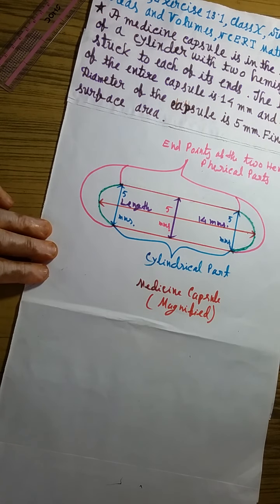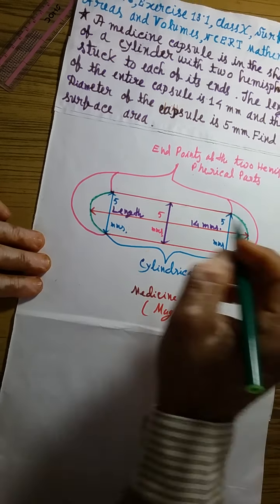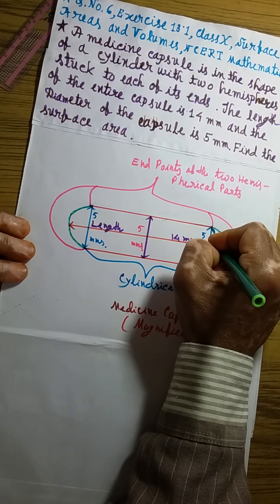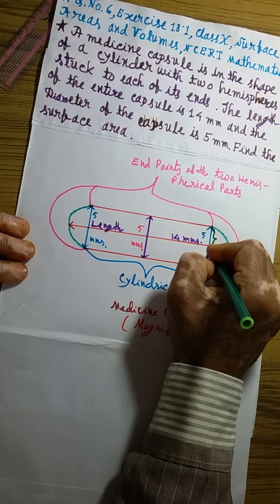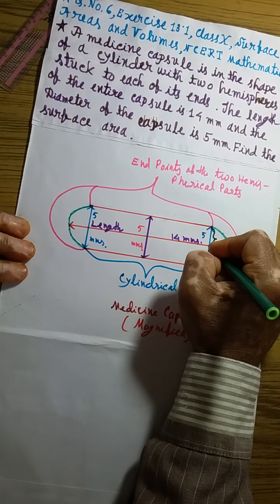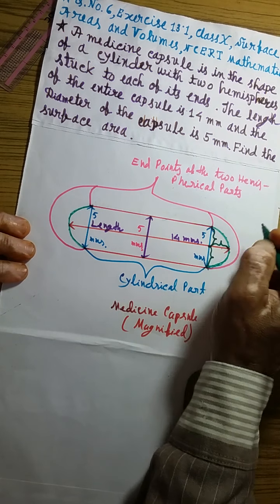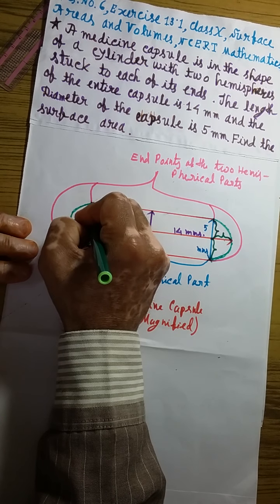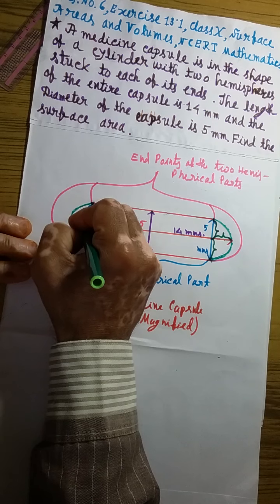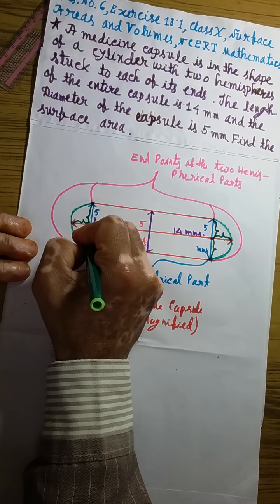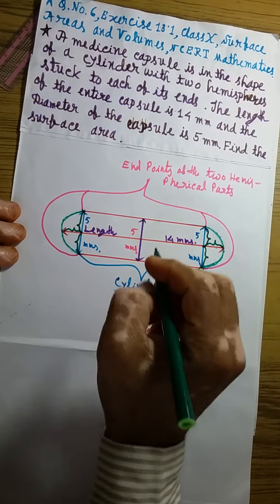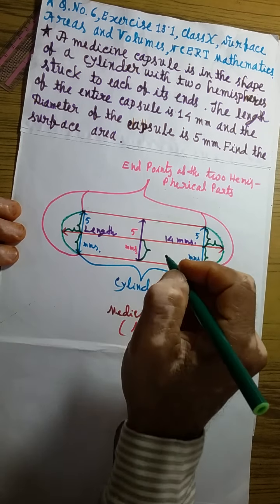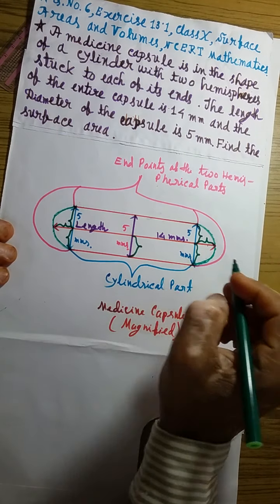After this, let us represent the measure of these lines. These are the radii of the two hemispherical parts, and the radius of the cylindrical part.